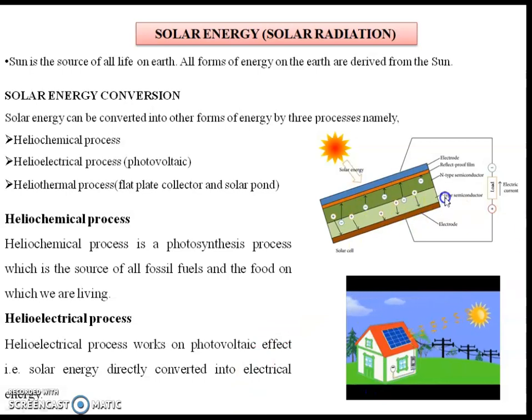Now you can observe this figure. This is a photovoltaic cell, which we also call a solar cell. This solar energy conversion device is used to convert sunlight into electricity by use of the photovoltaic effect, and is called a solar cell or photovoltaic cell.